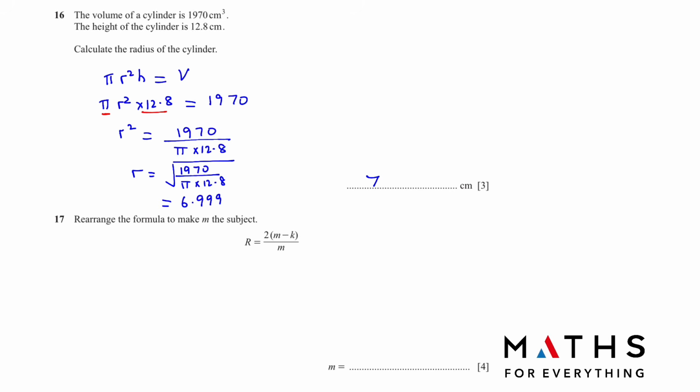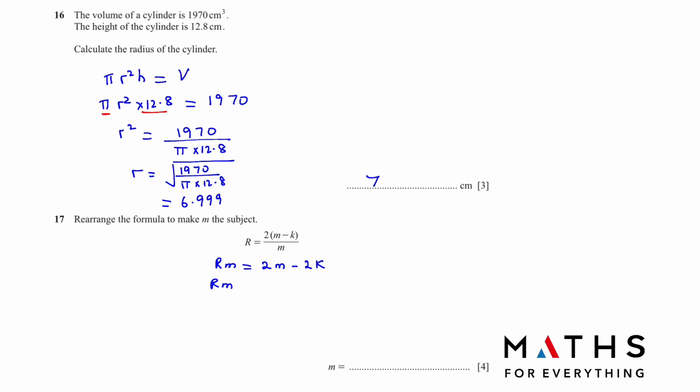Rearrange the formula to make m the subject. Multiply r with m. Expand the bracket. 2 multiplied by m is 2m, and 2 multiplied by negative k is negative 2k. Bring all the m on one side.